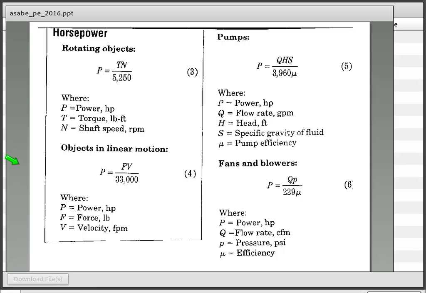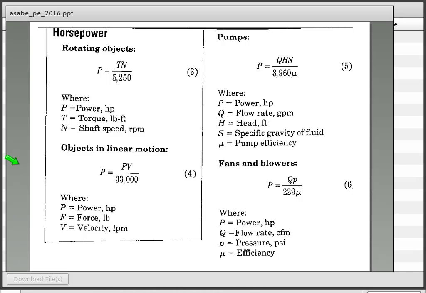The horsepower equation I gave you earlier was Tn over 63,025, but that was where you were using inch-pounds and RPM. Here, this one, 5250, is what you get if you're using torque in foot-pounds rather than inch-pounds.